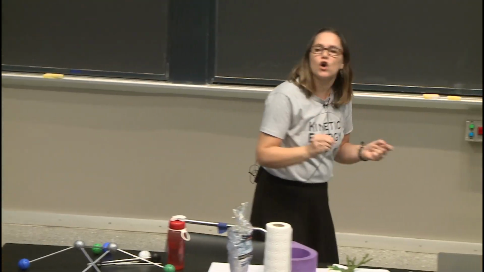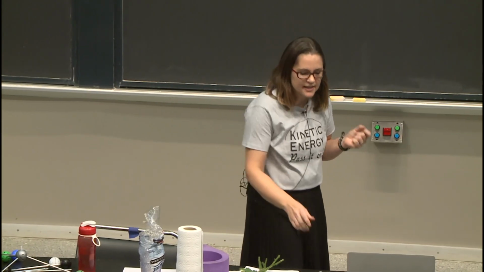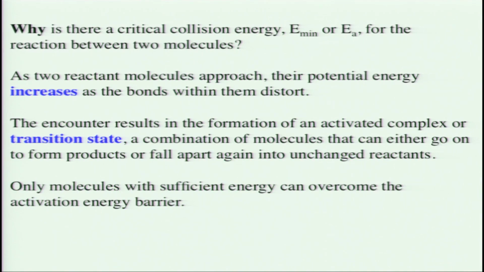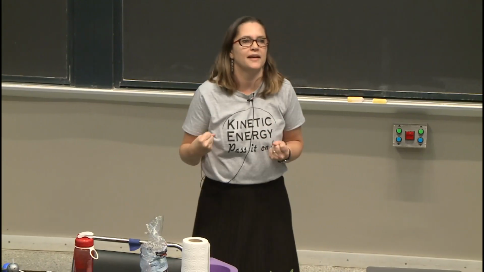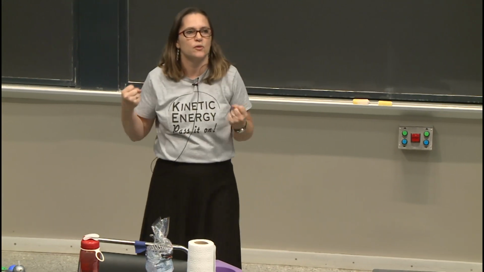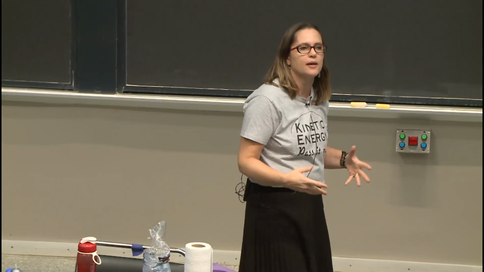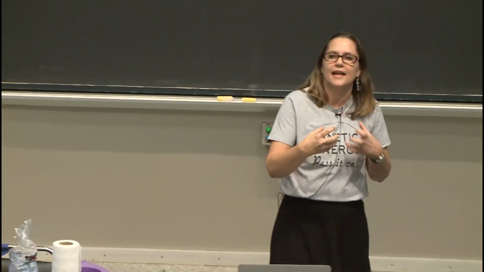The thing that determines the fate is that critical energy. Only those molecules with sufficient energy to allow for those bond distortions and rearrangements will be able to go on and make this. And you can think about this, I think, in terms of a couple, a relationship, that there's always some work that has to go into it.